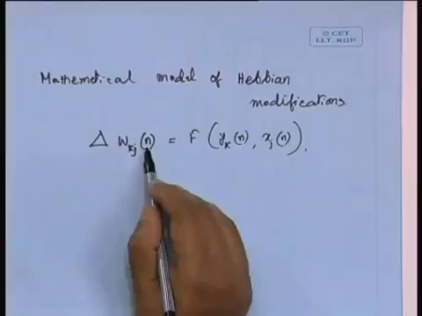Wkj is the synaptic strength from neuron J to neuron K, Xj is the input and Yk is the output, and the n within the parenthesis is the time step.